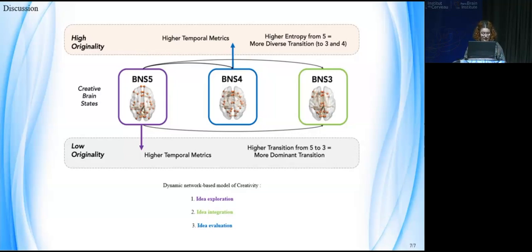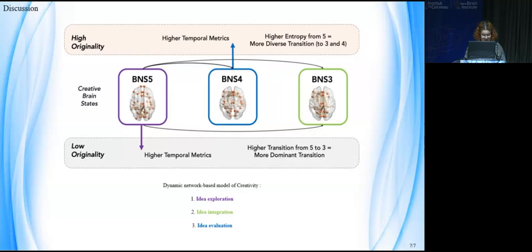State 3 represents the idea integration. It involves different brain networks like the DMN, the FTN, and the DIN, and all communicate together. And state 4 represents the idea evaluation. It involves mostly frontal activity, especially executive control regions, and spending time in this state is necessary to allow originality success.